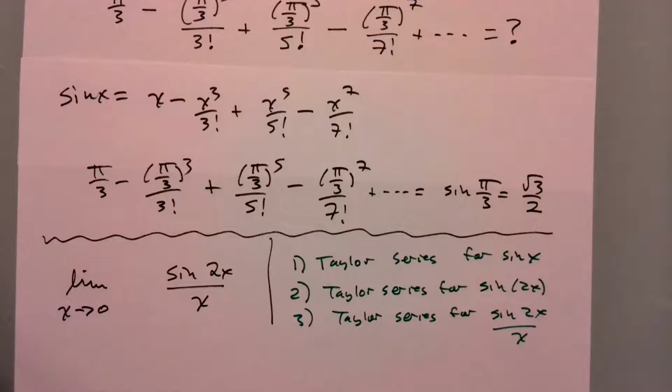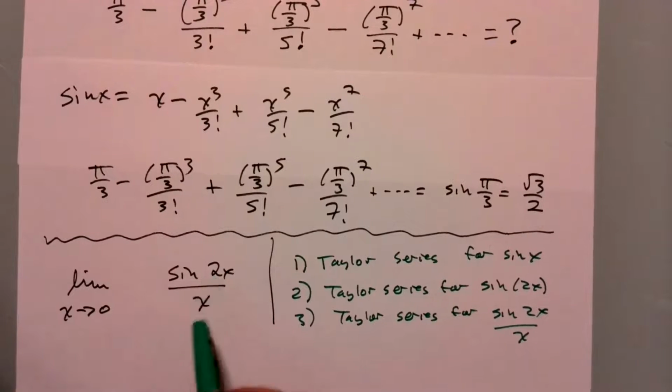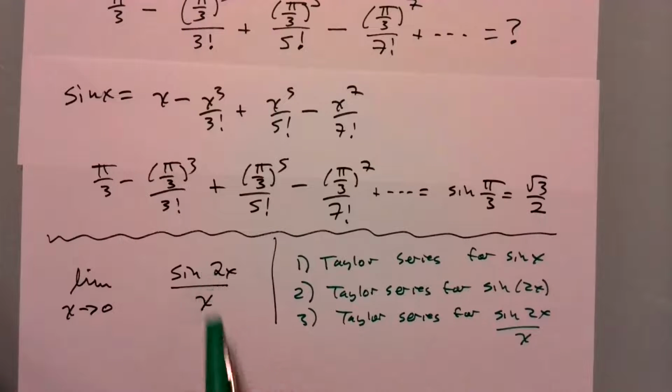Hopefully, I've convinced you that these Taylor series are certainly helpful for us. They enable us to answer some questions that would be fairly difficult for us to do. What'll be nice about this one, though, is L'Hopital is also pretty easy. So let's go ahead and check it with the Taylor series, and then we'll see if it is the same answer using L'Hopital. So let's see what we get.